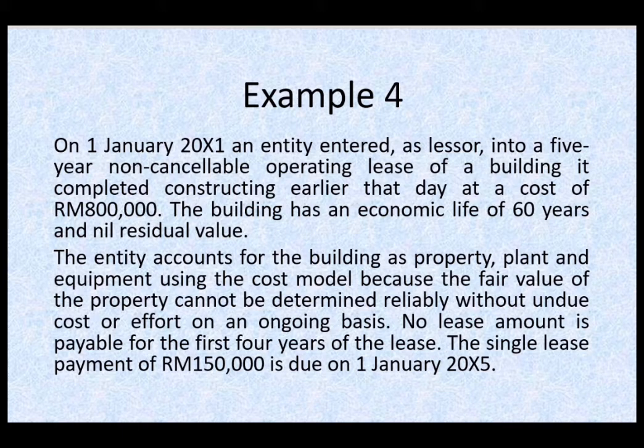The building has an economic life of 60 years and nil residual value. The entity accounts for the building as property, plant and equipment using the cost model because the fair value of the property cannot be determined reliably without undue cost or effort on an ongoing basis.